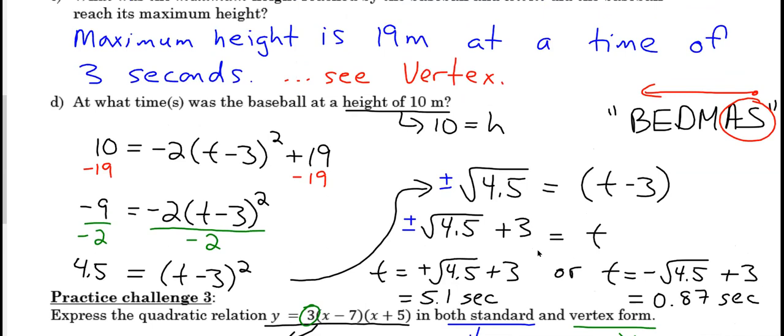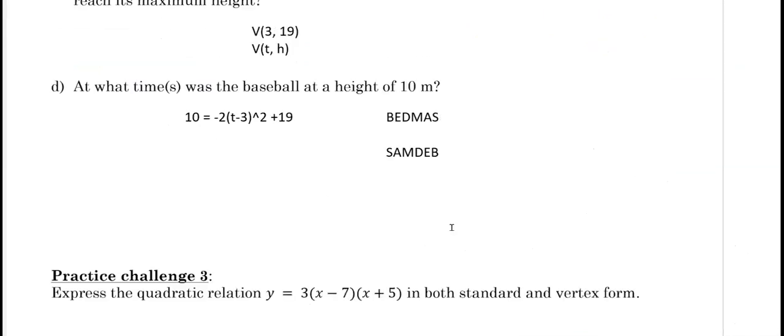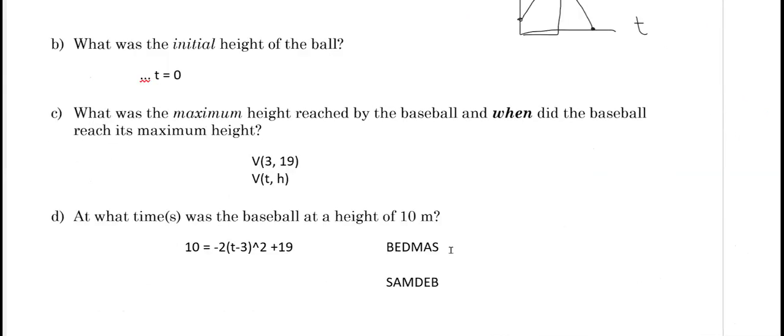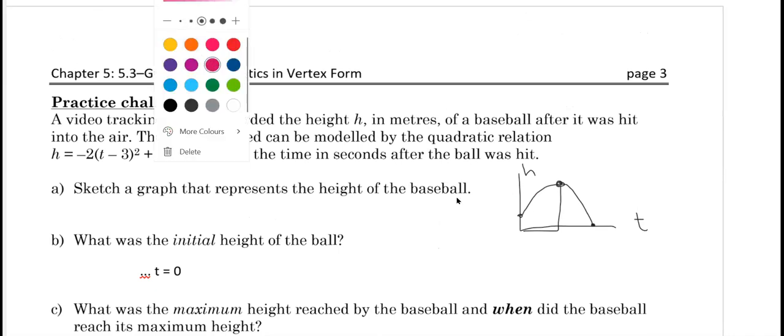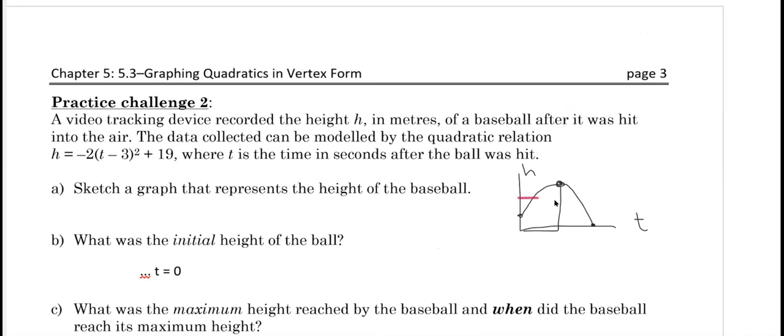Well, if you take a look at the graph, you're looking for a height of 10 meters. So 10 meters is probably somewhere here. Whoops, that's a little bit large. Let's do this. So 10 meters is probably right about there.